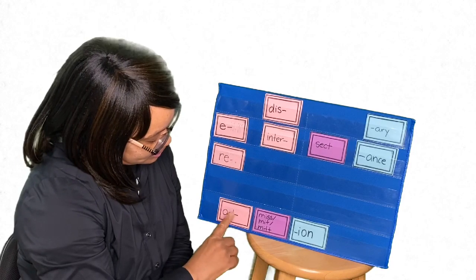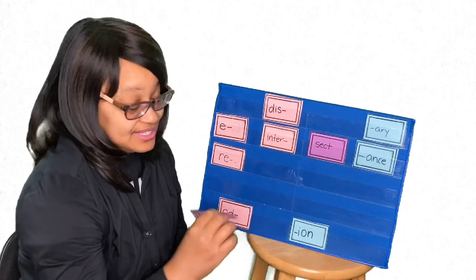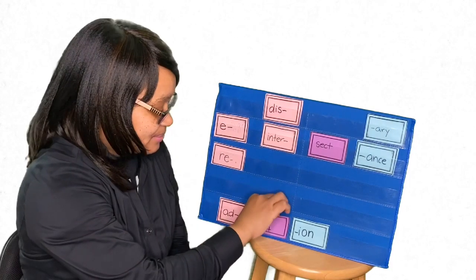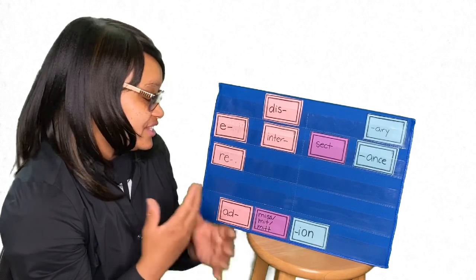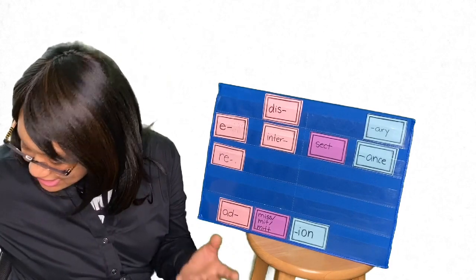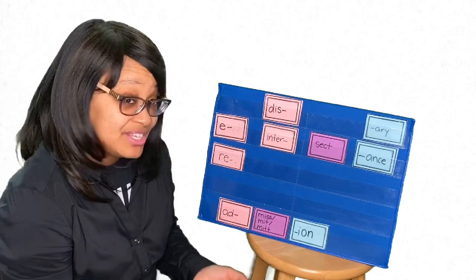So to have the state of letting in or sending in. So that would be admission. Admission. Oh, so there's your entrance fee. So admission could be an entry or an entrance fee. Pay the admission.